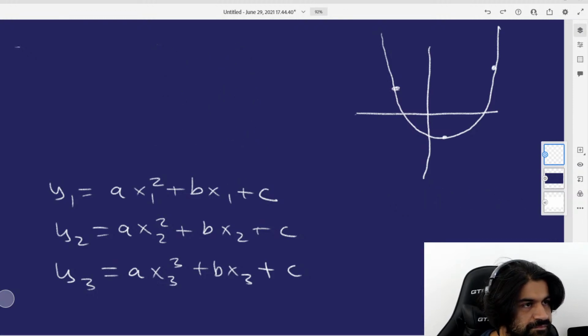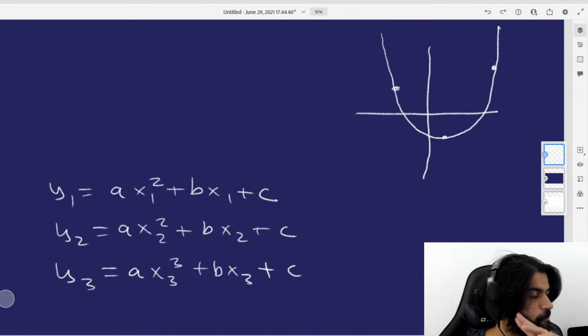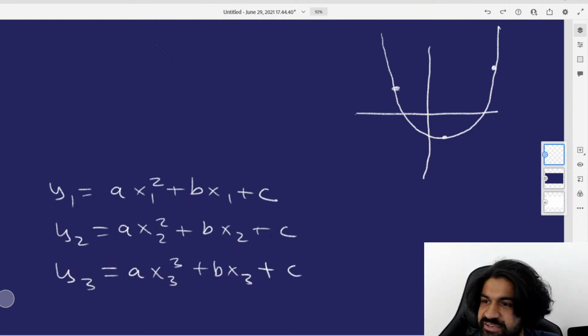So the linear system of equations, I'll write it in matrix form.